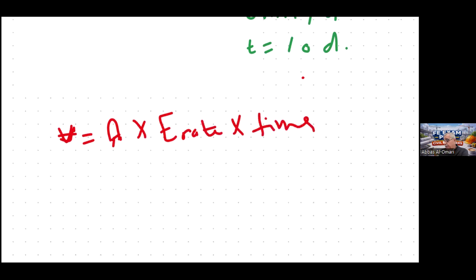So we know the area is 5 kilometers square. Then we convert the kilometer square to meter square.